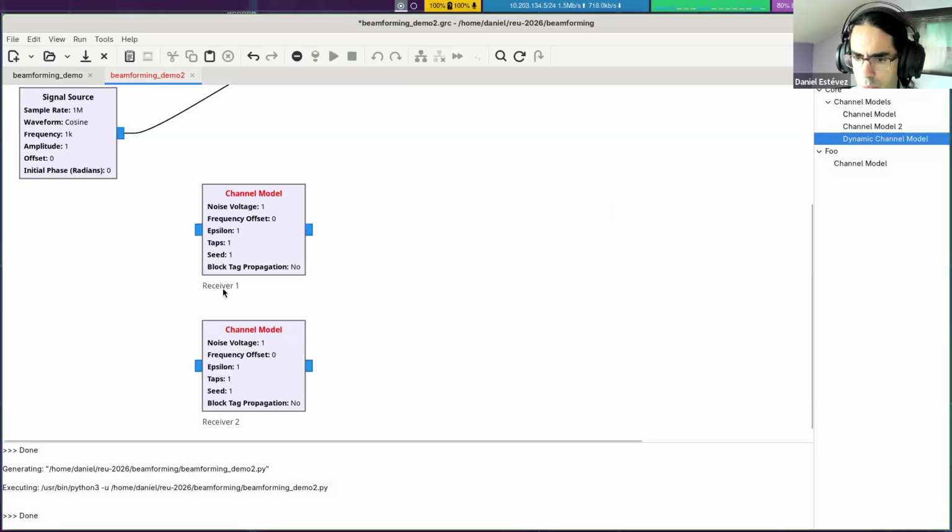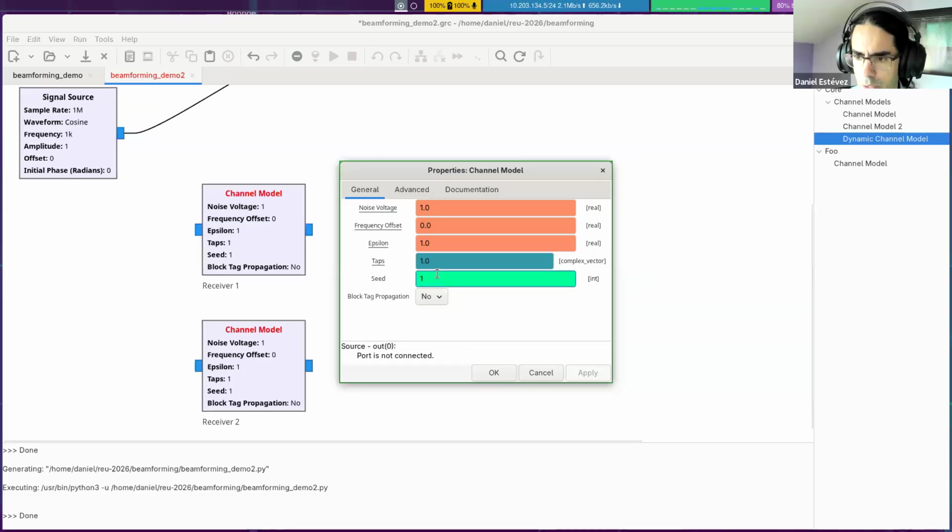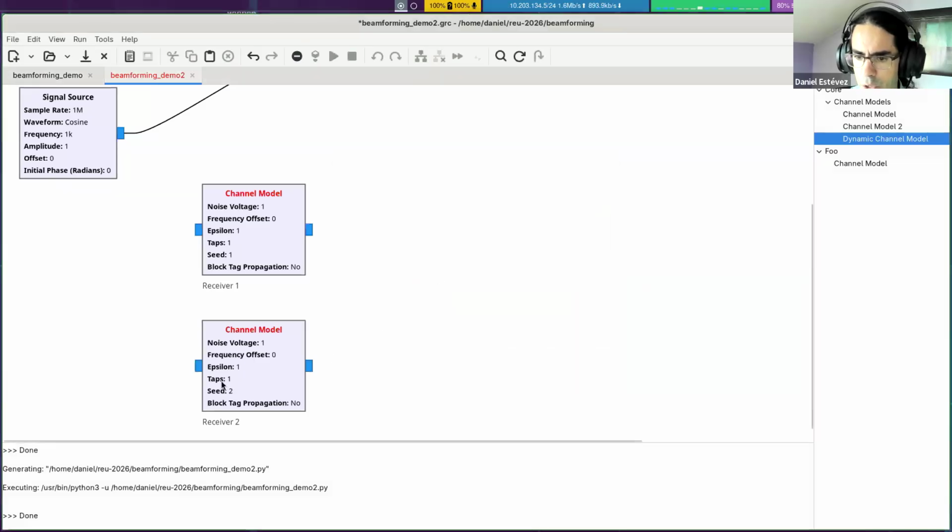So these are going to be receiver 1 and receiver 2. And very importantly, because otherwise nothing of what we'll do will work, the noise on these two receivers is different. I want to use different seeds on the receivers because otherwise I would get exactly the same noise. And that doesn't represent what happens physically in the receivers because basically the noise is uncorrelated.